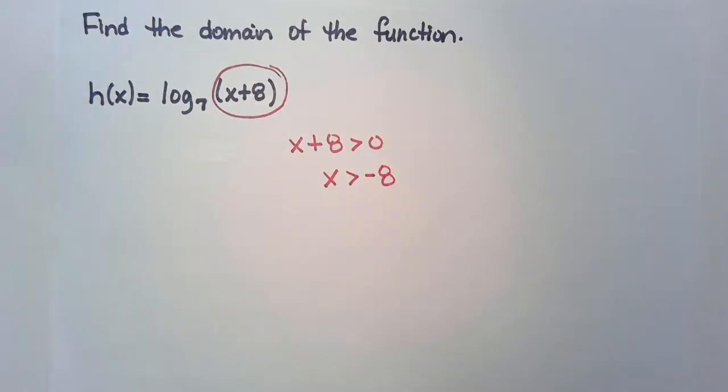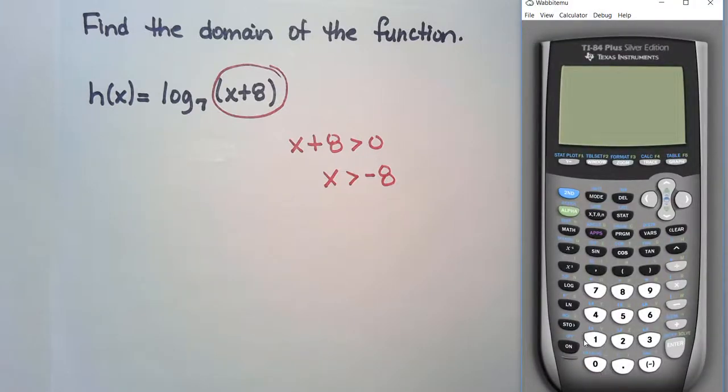Okay, so let's take a look at this function. We're going to set it up as an interval notation, but I want to take our graphing calculator. I'm going to go to our y equals screen. Let's clear this, and I'm going to type in log, and then go to math and under the math feature go to the very bottom and find a, since we have a different base. When you press the log button, your calculator is just using base 10.